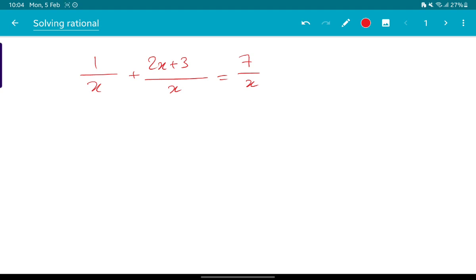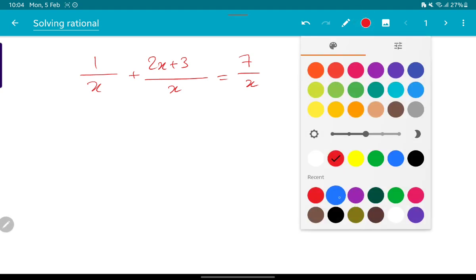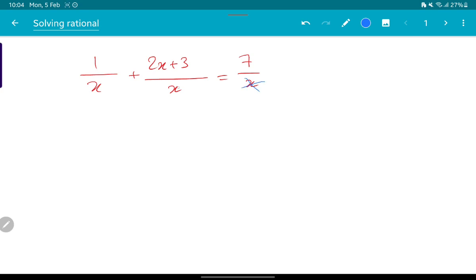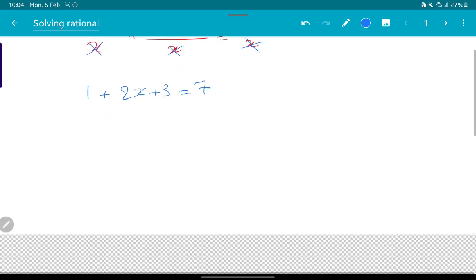Yes, we have. Now we can cross all denominators as we are multiplying by x, multiplying by x, multiplying by x. We cancel the denominators. Now we can take all numerators and put them to form an equation, 2x plus 3 equal to 7. Now you can forget the fraction and solve this.